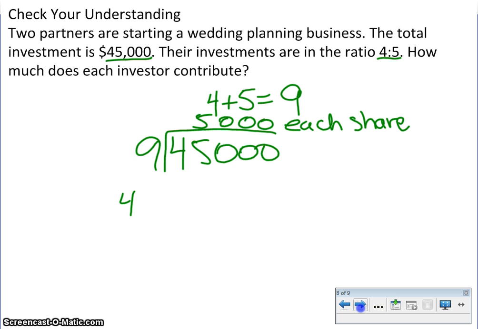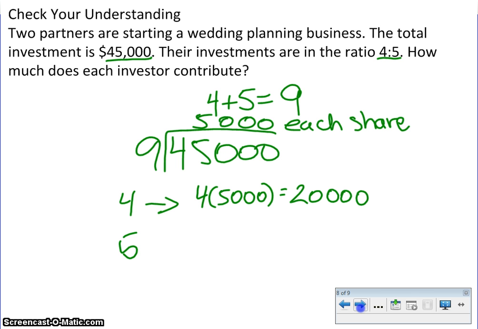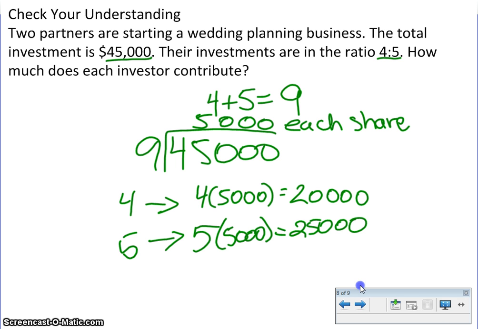So one owns 4, the other owns 5. So the person in a ratio of 4, I've got 4 times 5,000. They have invested $20,000. Whereas the 5, we take 5 times the 5,000. That person has invested $25,000. And if I add 20 and 25,000 together, I end up with that investment of $45,000.